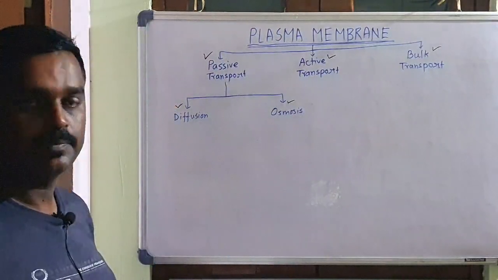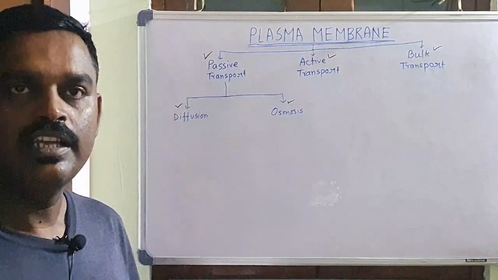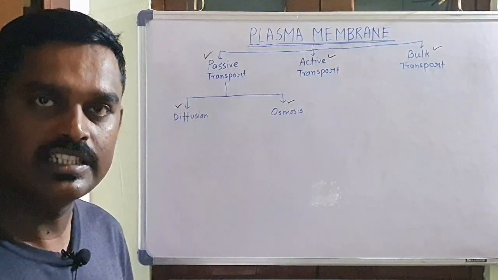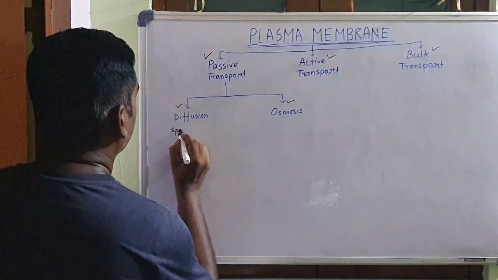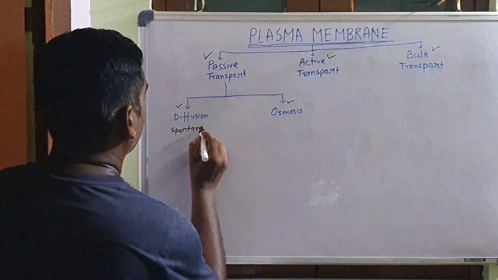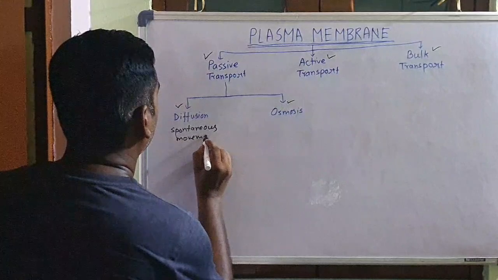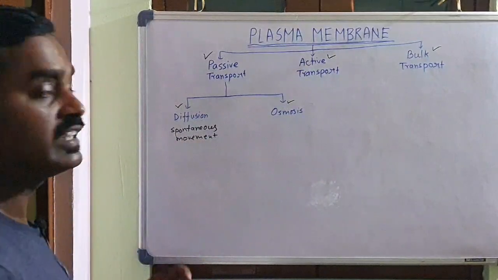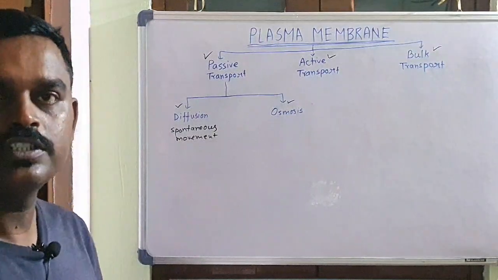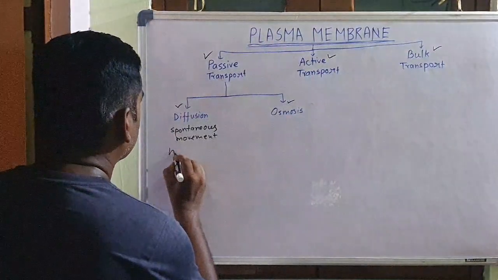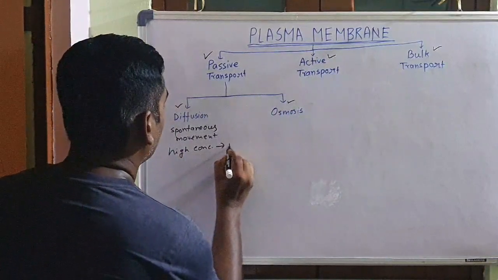Diffusion is one type of passive transport where molecules can enter or exit the cell without the help of any type of energy. That means this type of transport is spontaneous movement. Spontaneous movement of the molecule takes place in case of diffusion. In diffusion, spontaneous movement of the molecule always takes place from high concentration to low concentration.